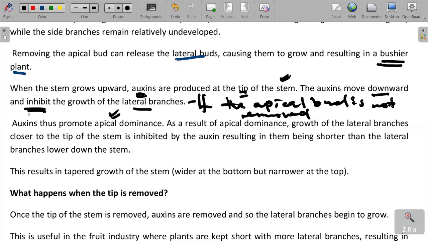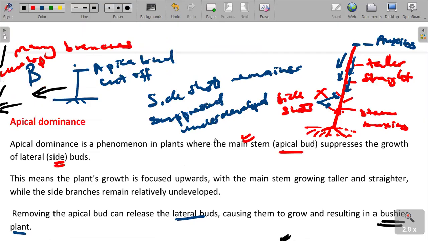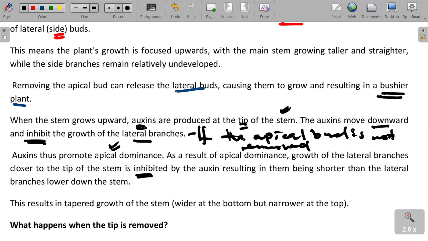So as a result of apical dominance, growth of the lateral branches closer to the tip of the stem is inhibited. We now have a situation whereby a stem will grow as in the situation that is A, which I talked about here, where no stems can grow close to the main stem because they are inhibited as a result of what? As a result of auxins.